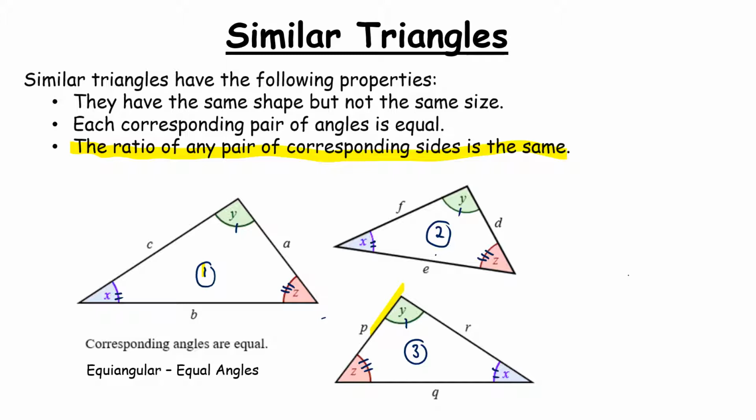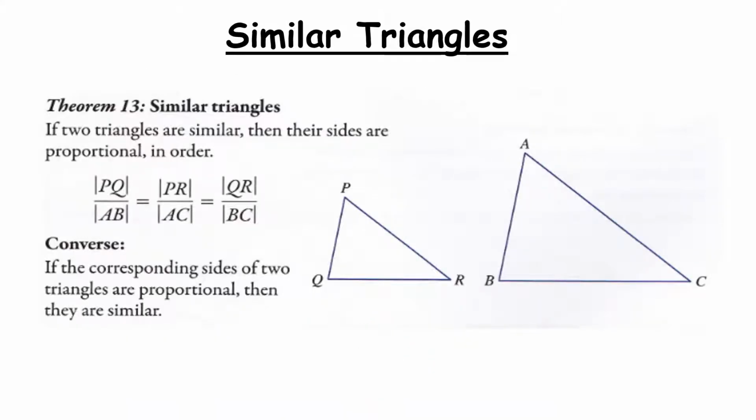Be careful with the use of corresponding here. When we talk about corresponding, we mean they match within both of the triangles. It has nothing to do with corresponding angles that we've already looked at, where we're talking about angles between parallel lines. So for similar triangles, the theorem we look at is theorem 13. Two triangles are similar if their sides are proportional.